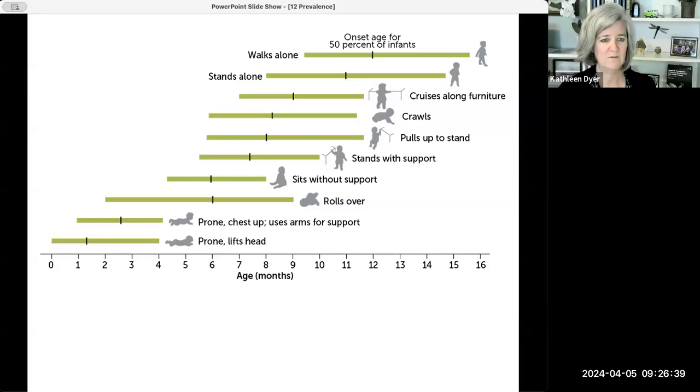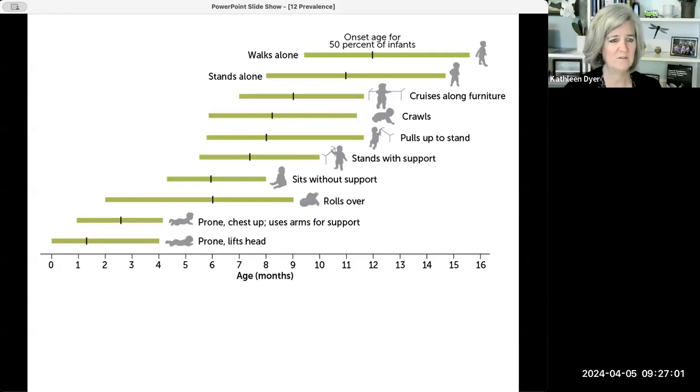So for each one of those green bars, you see the black line in the middle of it. That is the mean. That is the average age at which children in a normal healthy population meet that developmental milestone. So like, let's look at sits without support. It's right there kind of in the middle.